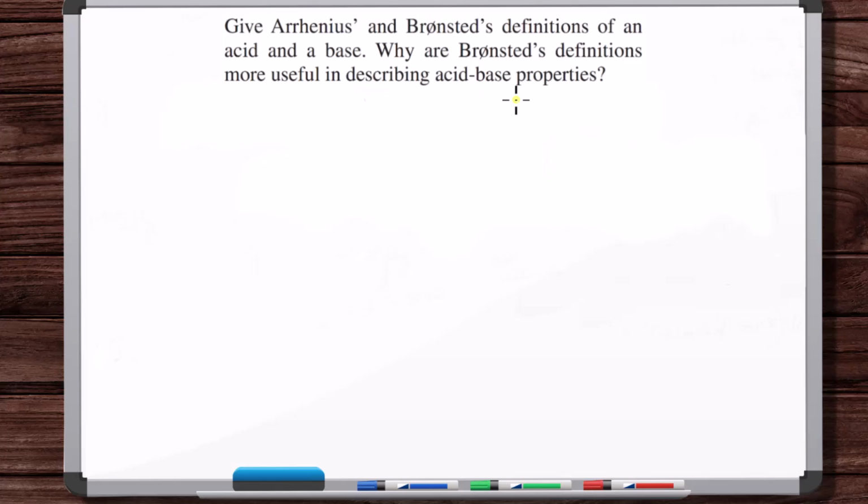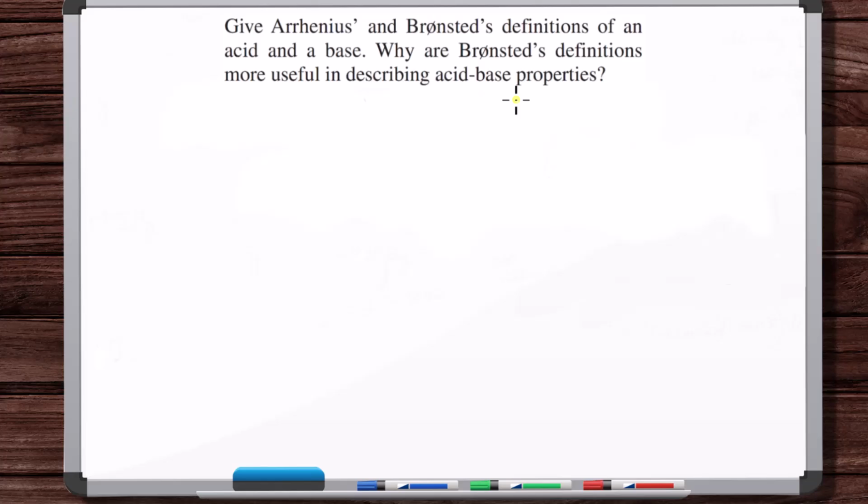Now, the Bronsted definitions are more useful because they aren't restricted to aqueous solutions. According to the Bronsted definitions, if you have any substance that, when added to a system, no matter what the system is, causes the proton or H+ ion concentration of that system to increase, then that substance is considered to be an acid.